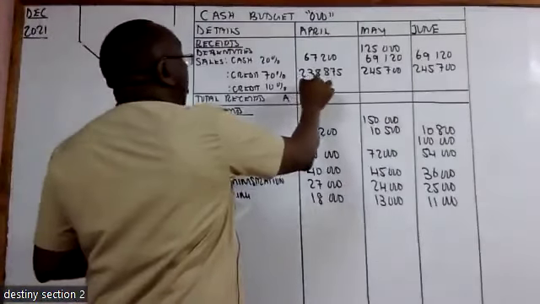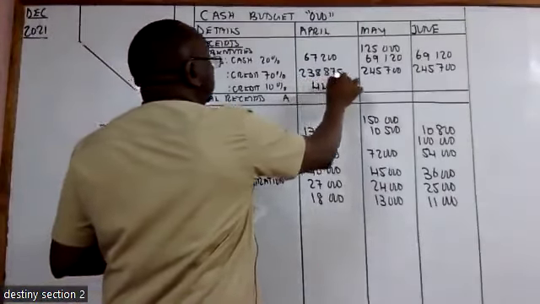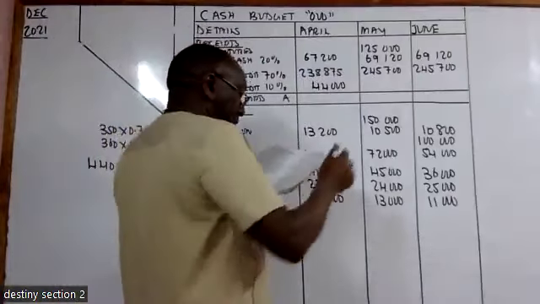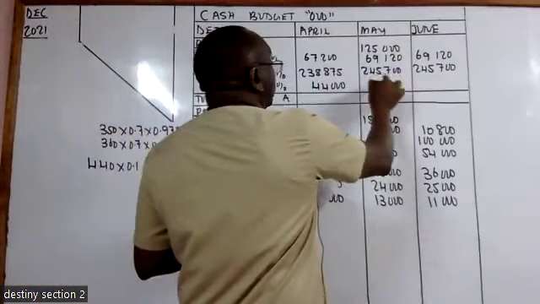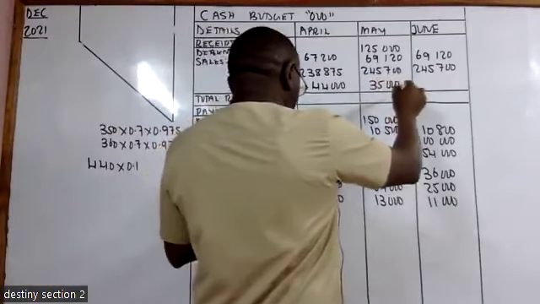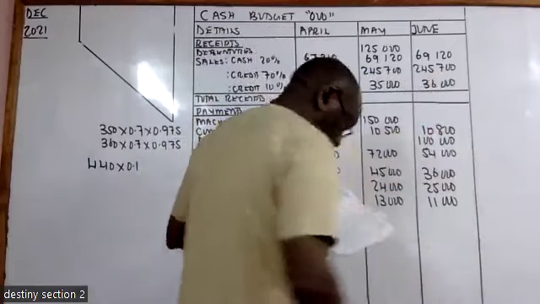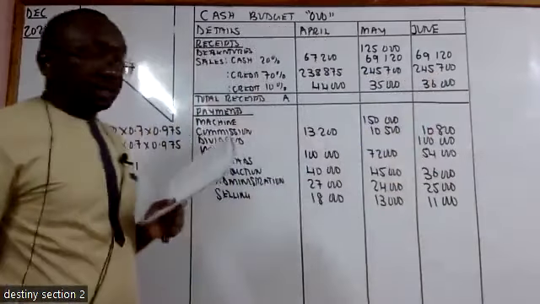Yeah, 44,000. The same case will apply with May, 35,000. And that is 6,000.